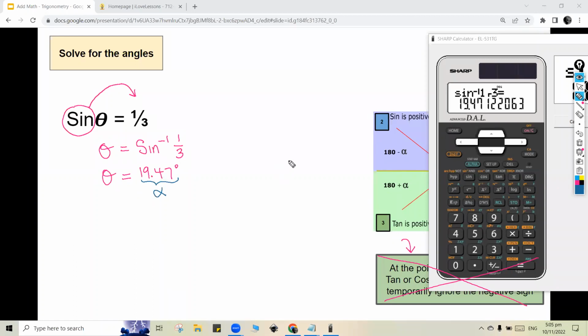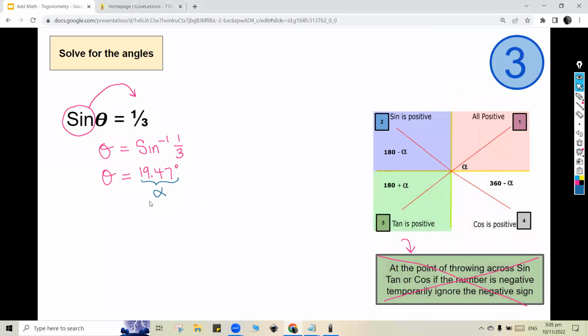Try not to round it off to 1 decimal place. We're trying to go to what? 2 decimal places. Everybody with me so far, right? One person said it was 270, but they just let me know in the chat that you finally saw the 19.47. Right. So we got our first answer.